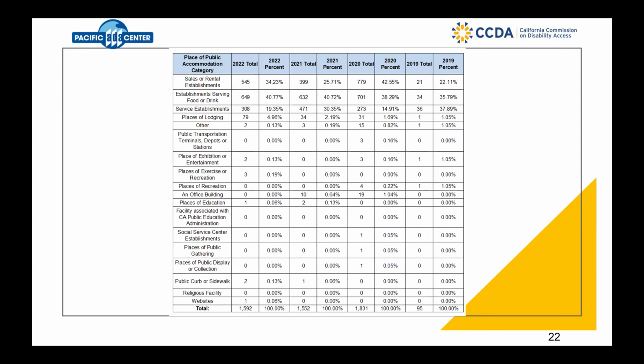Next slide, please. And then again, from 2022 to 2019, 40% of the data was establishments serving food or drink, and then the next was sales or retail establishments, and then the rest kind of were spread around.